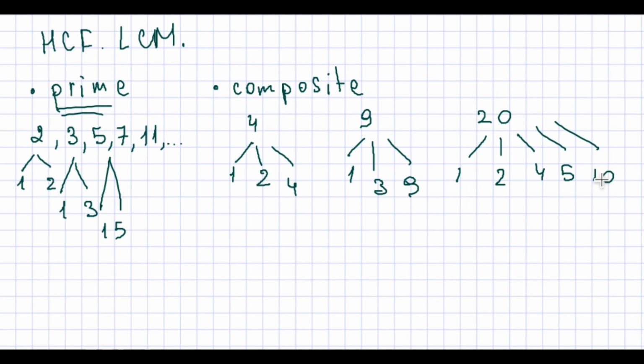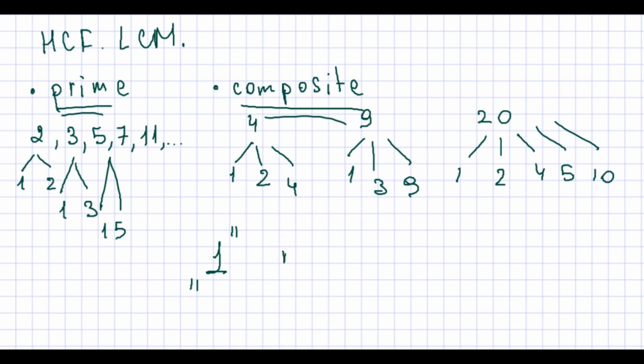So if a number has got more than 2 factors, the number is composite. In this case, what about number 1?